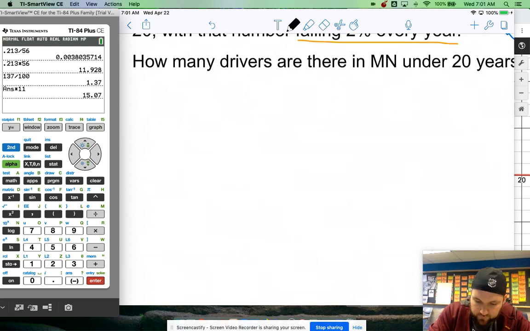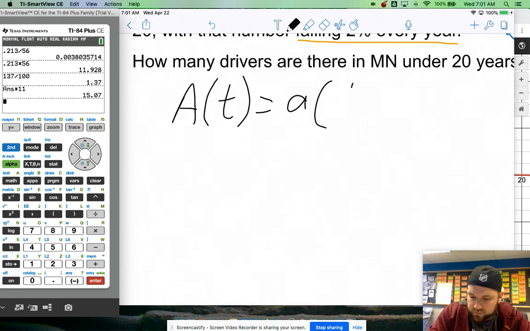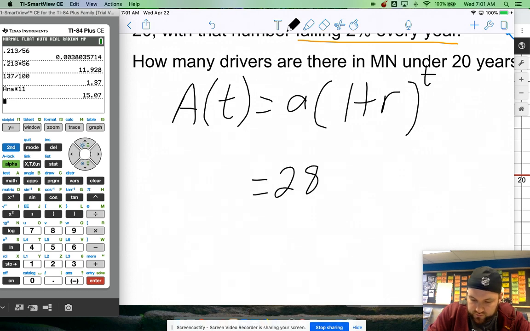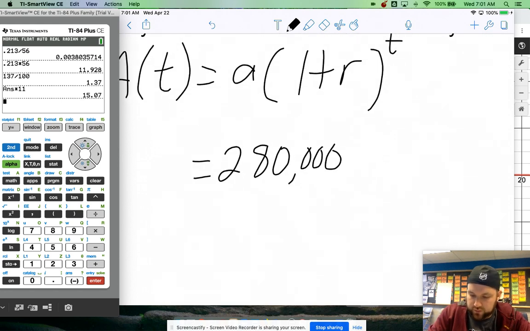So if I set up A of T equals A times 1 plus R to the T. Okay. A I know is 280,000. That's my start value. I'm trying to figure out the future value, so I'm going to leave that blank for now. Then in parentheses is going to go 1 plus the percent change as a decimal.